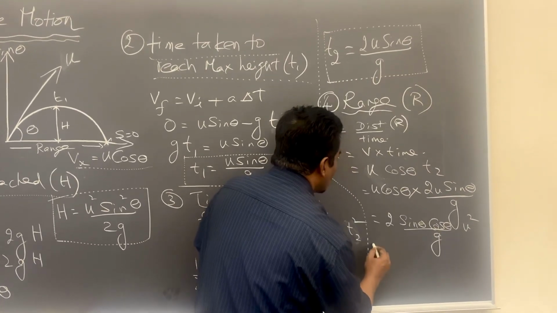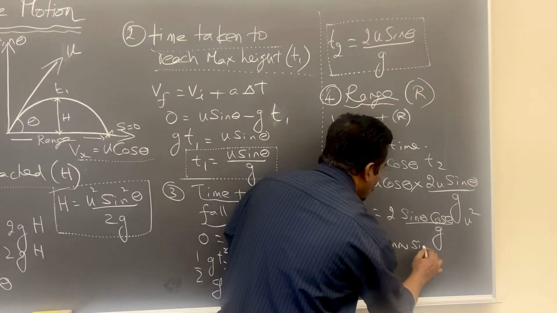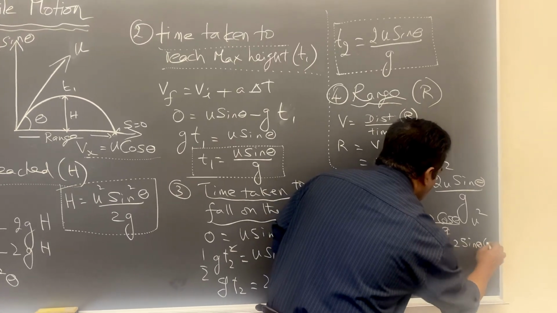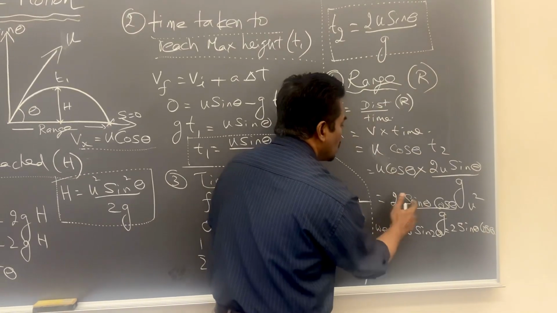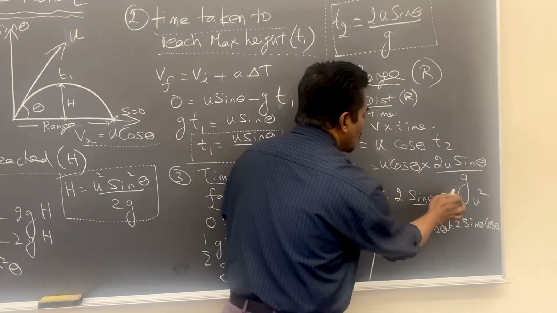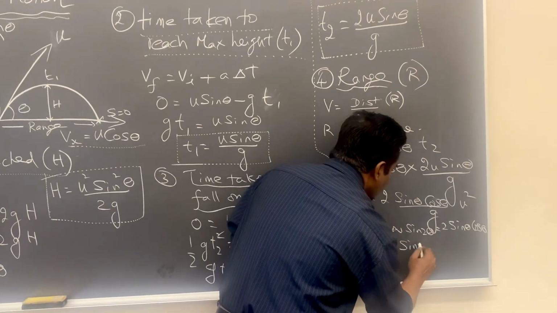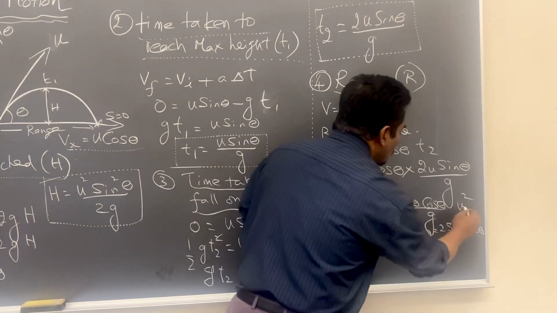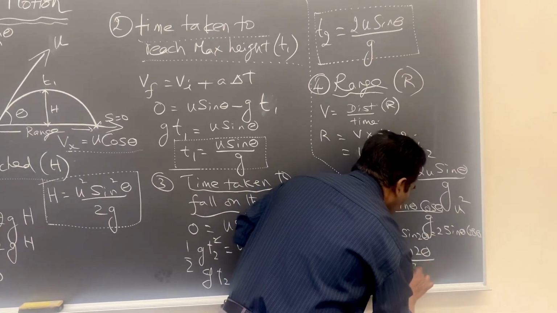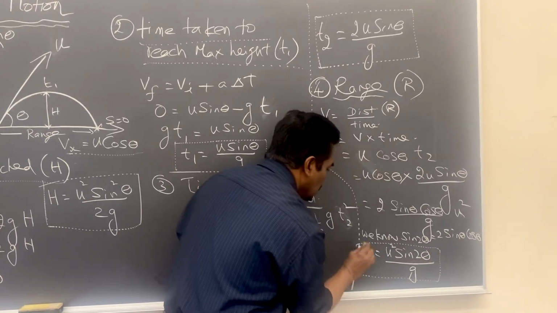We know in trigonometry that sin 2 theta is equal to 2 sin theta cos theta. So R equals sin 2 theta, and there will be u square over g. That is the formula for range.